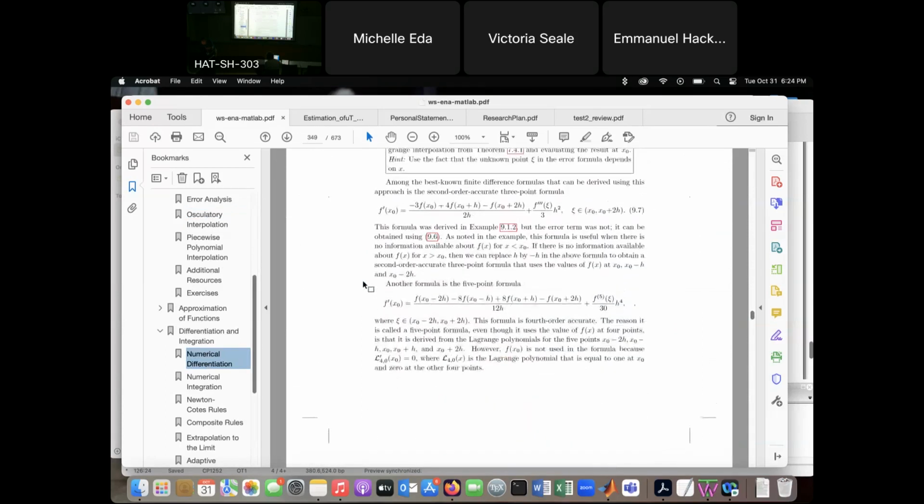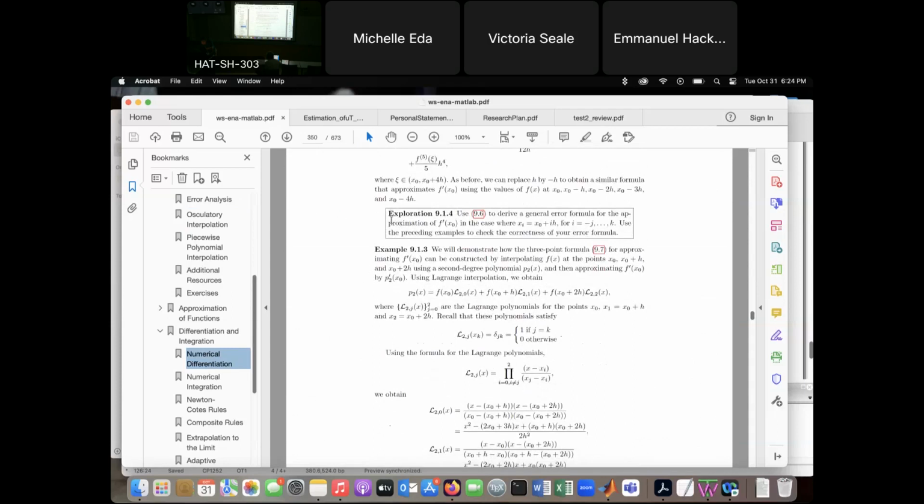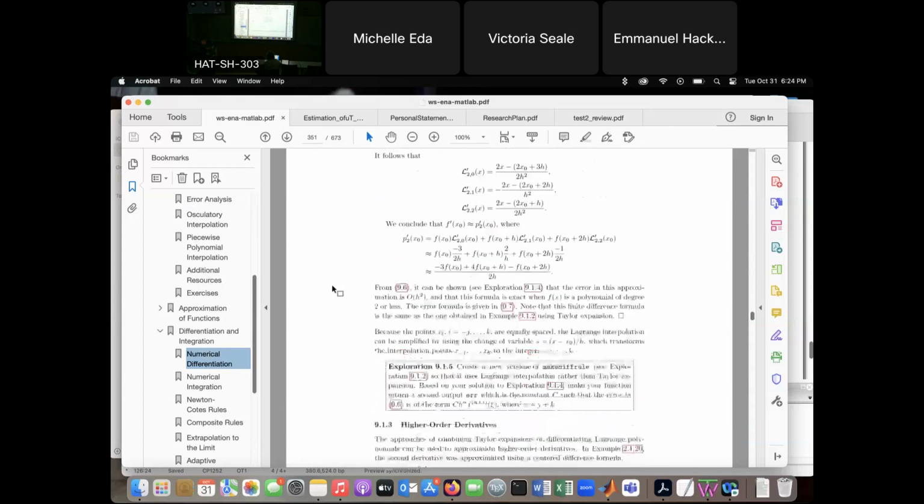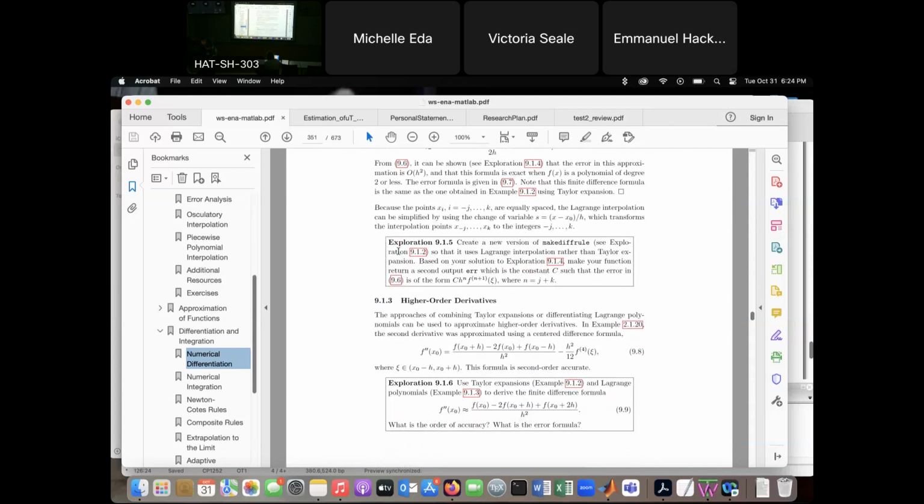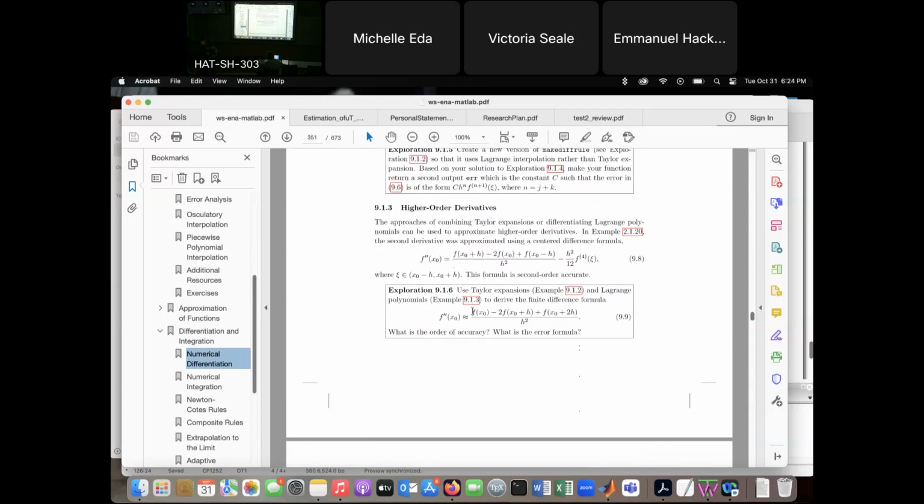Number 4, that is on paper. 5 is, okay, that's a MATLAB problem. And number 6, okay, that is on paper. So there's a bit of a mix. Well, the majority of the problems are on paper. 4 out of 6.